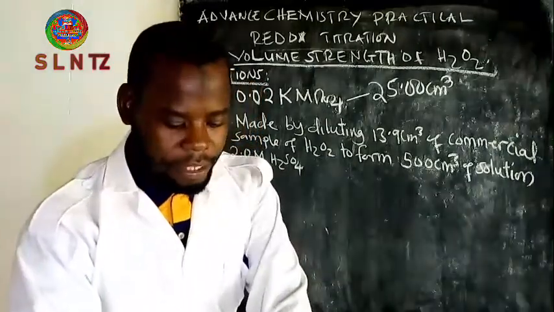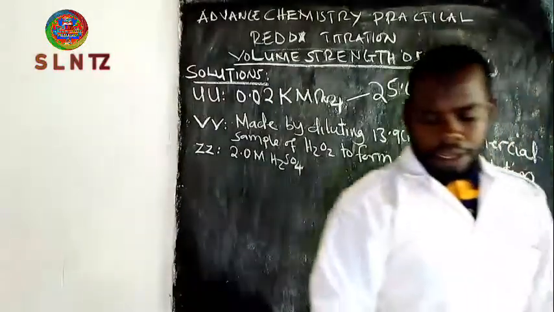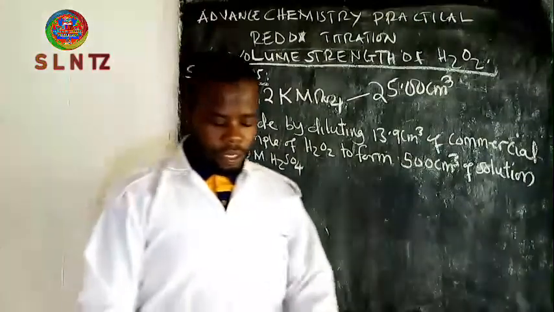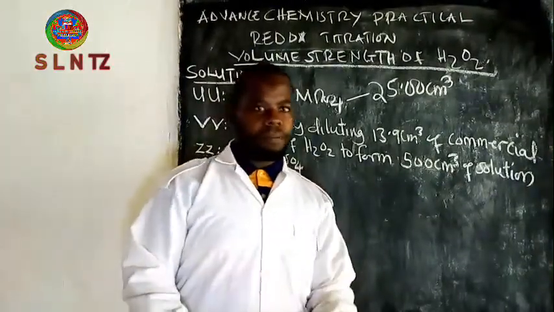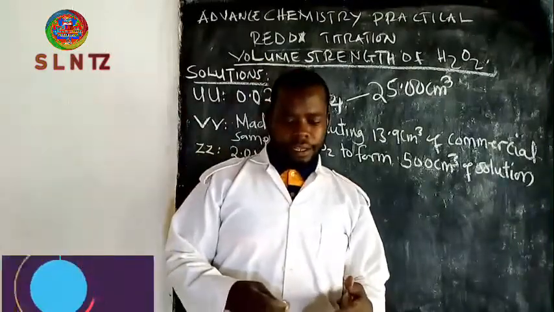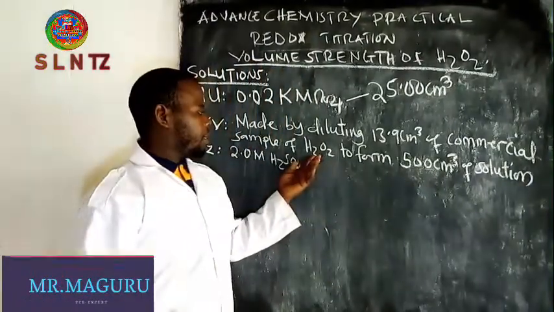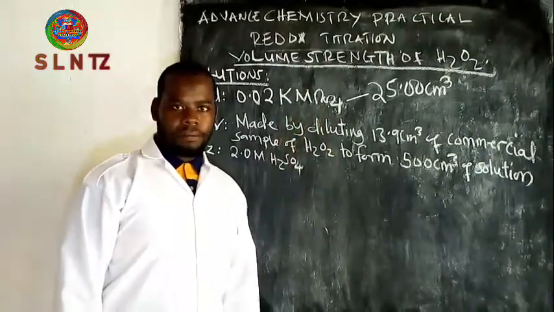Okay, after titration, we are going to solve. The first question is, write the balanced equation. The balanced equation means between this one and this one in acidic medium.